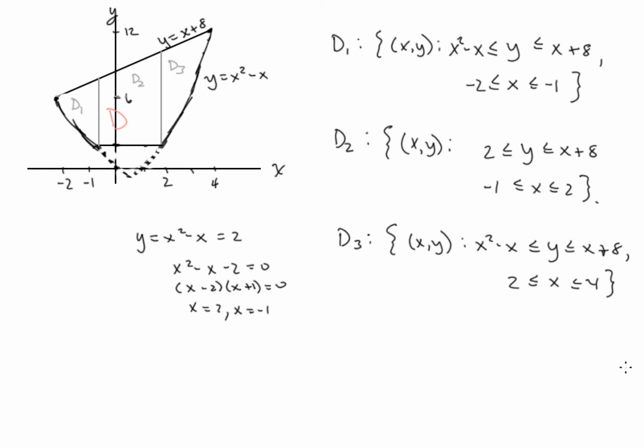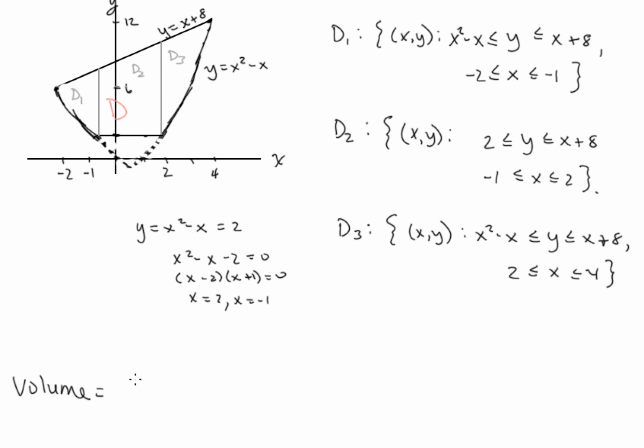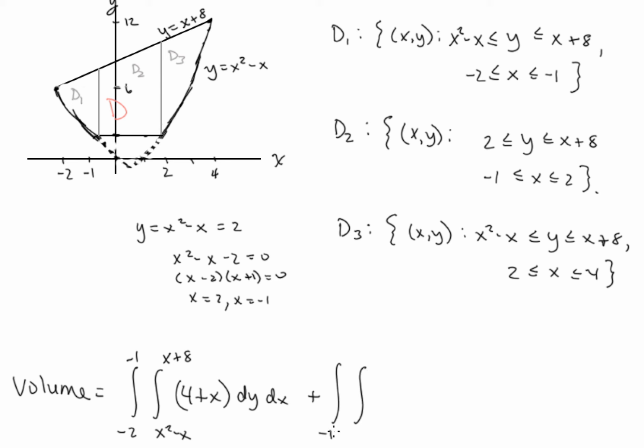So let's set up our integrals here. Integral over D1, we've got -2 to -1, x squared minus x to x plus 8, 4 plus x, dy dx, plus, we've got x going from -1 to 2, y going from 2 to x plus 8, 4 plus x.